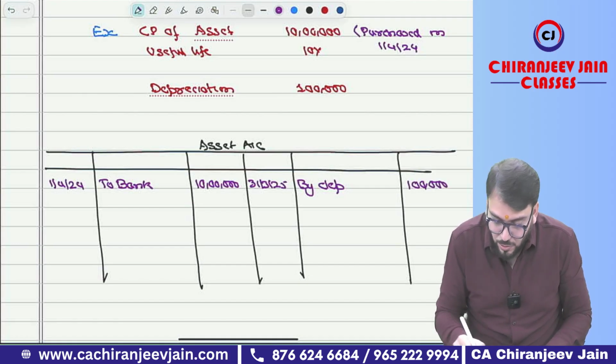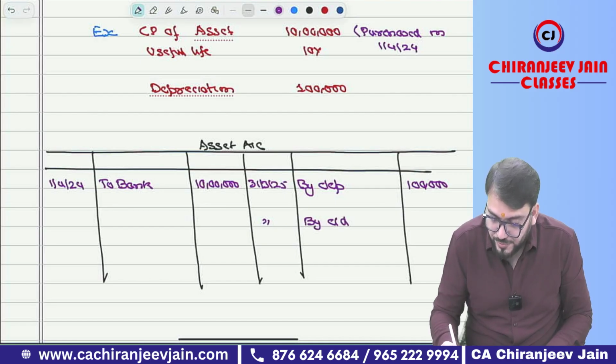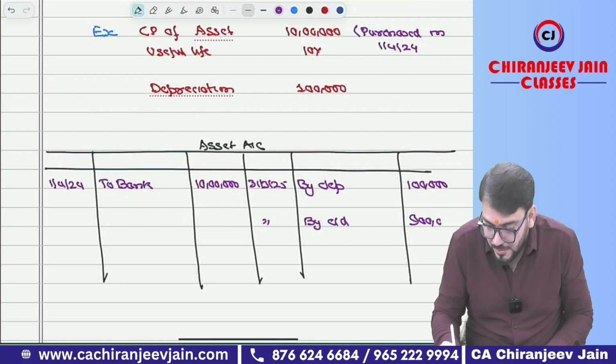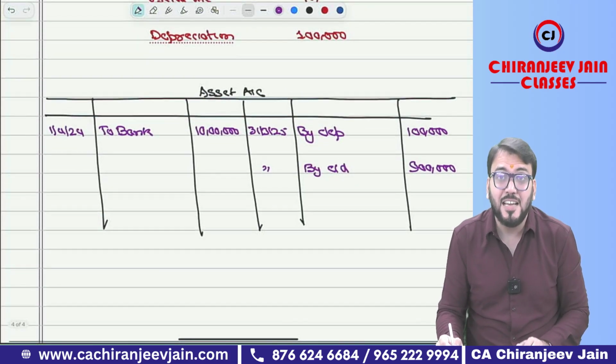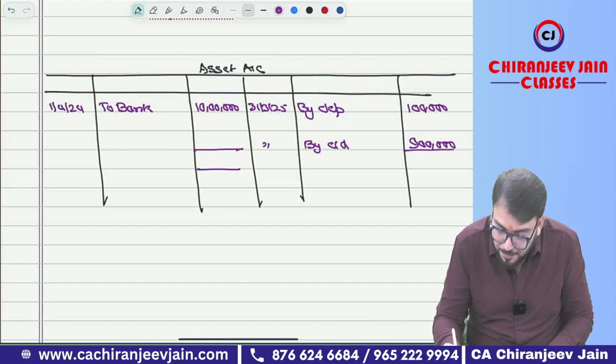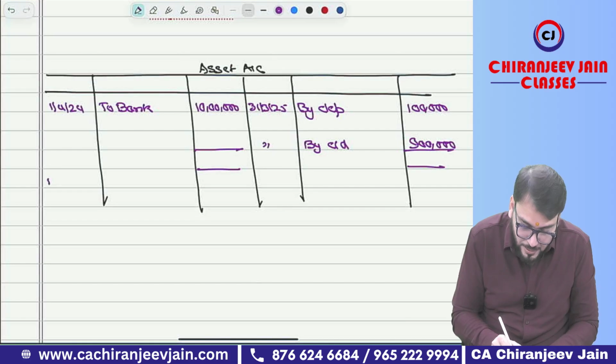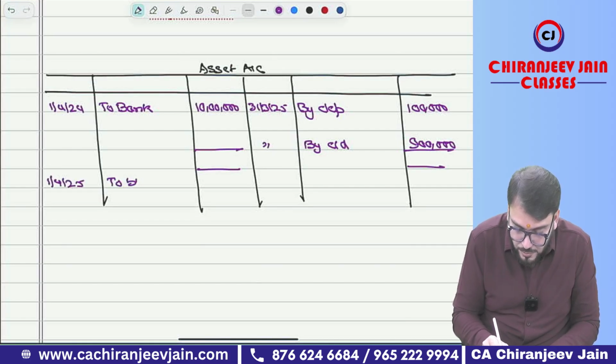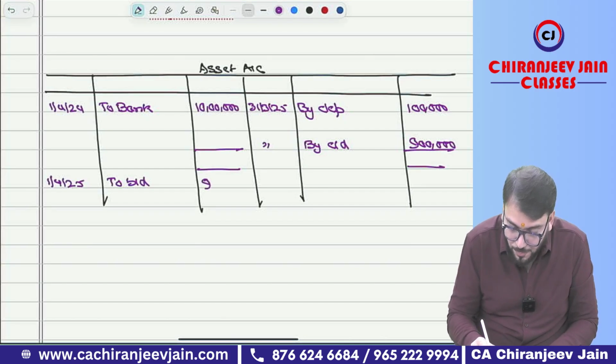So ultimately the closing balance of this asset is how much? 9 lakh. The closing balance is 9 lakh, and this 9 lakh will be shown in the balance sheet. Again, on 1/4/2025, balance brought down, how much? 9 lakh.